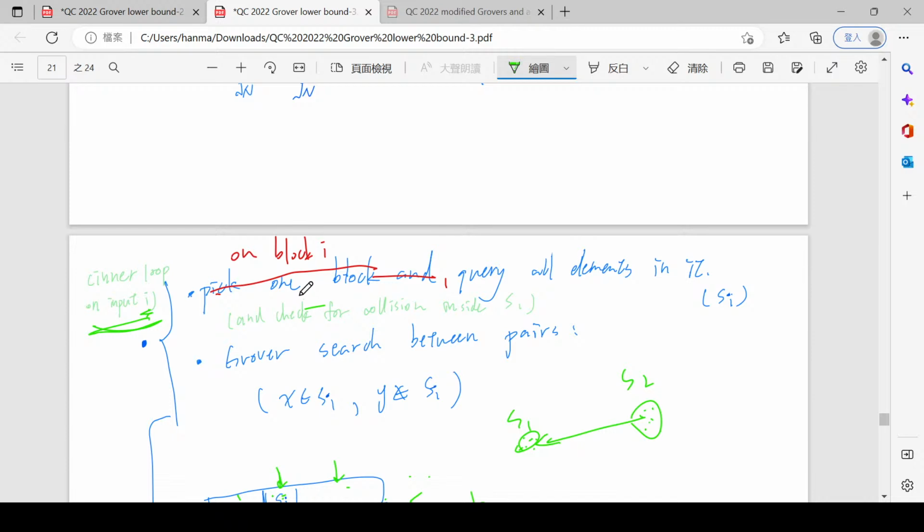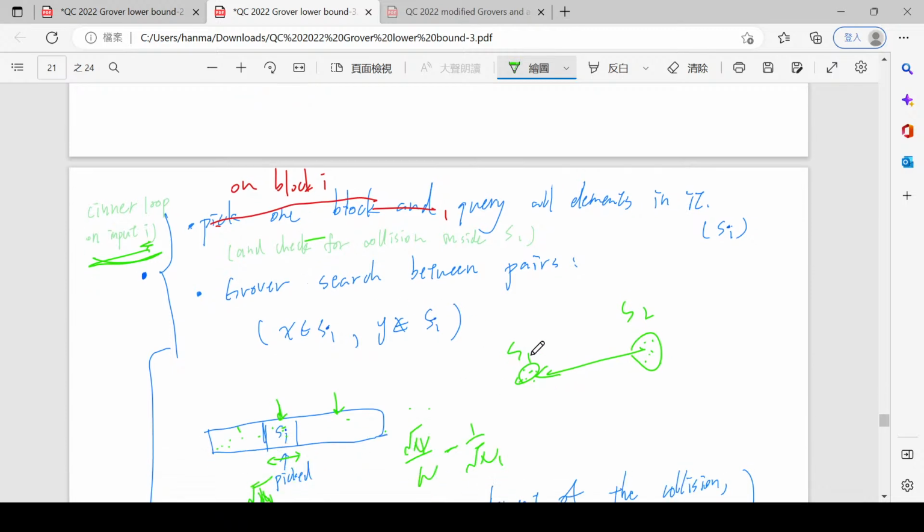So the inner loop is very similar to what we did in the collision problem.